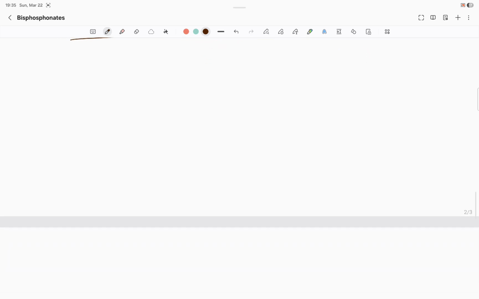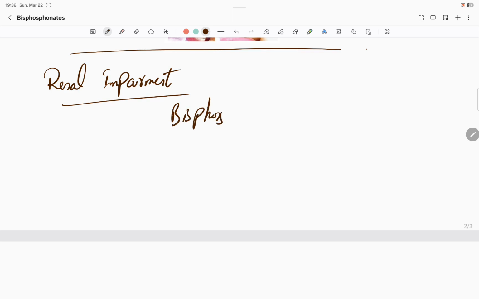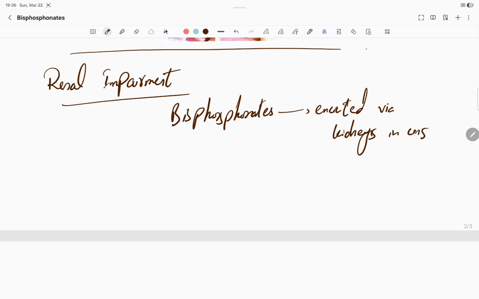There is another specific consideration, that is renal impairment. As you know that bisphosphonates are actually excreted via kidneys in uncharged form.